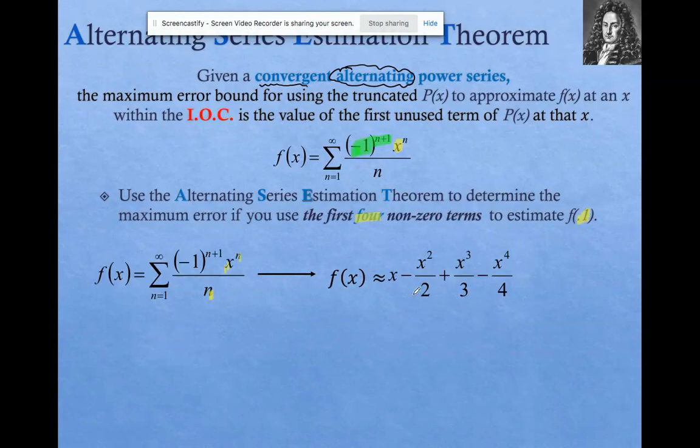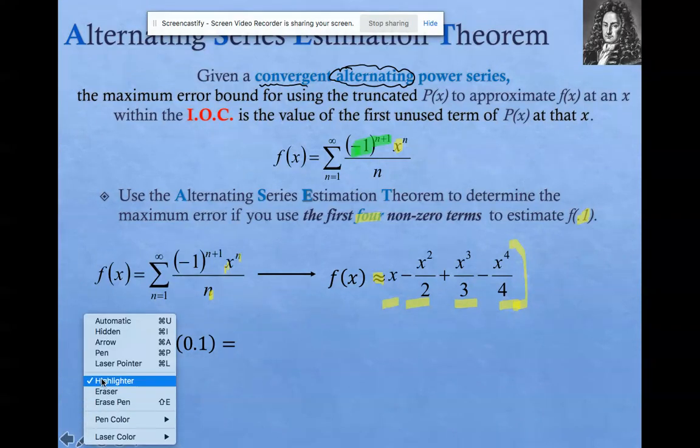Alternate your signs. These are the first 4 non-zero terms: 1, 2, 3, 4. This is a truncated polynomial, so I am approximating a function. The function at point 1 will be approximately the polynomial at point 1.